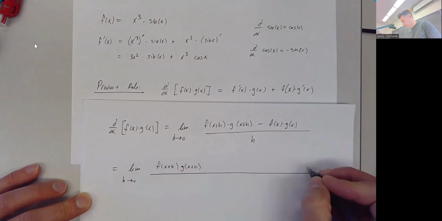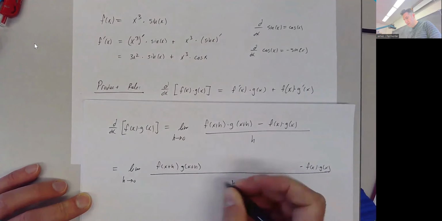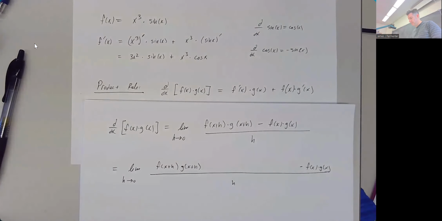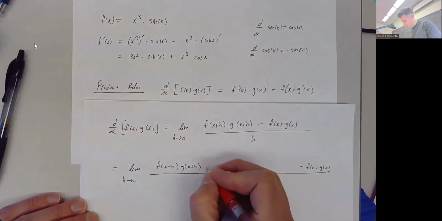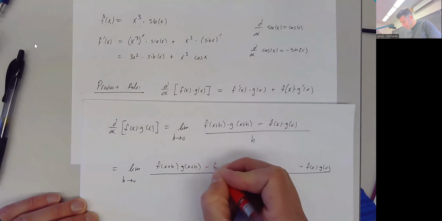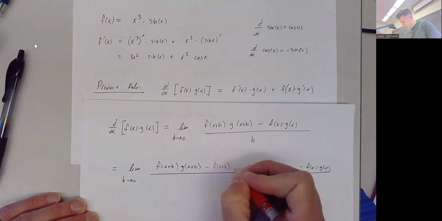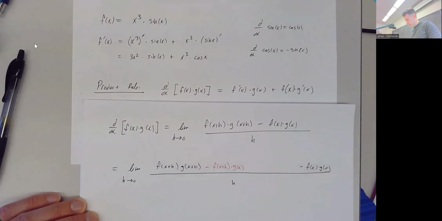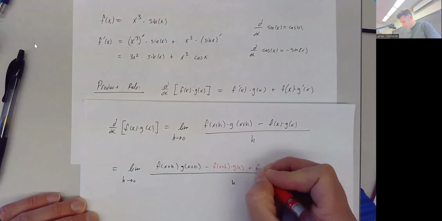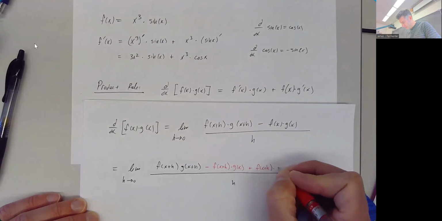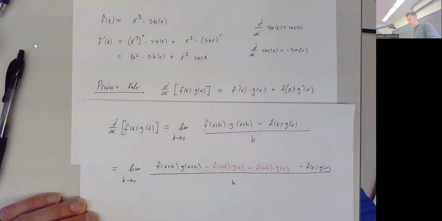Bunch of space here. And then over here at the end, minus f of x times g of x. What I'm going to add and subtract is, actually I have to remind myself with this. I'm going to subtract off an f of x plus h times a g of x. And I'm going to add on an f of x plus h times g of x. That'll work, yeah.